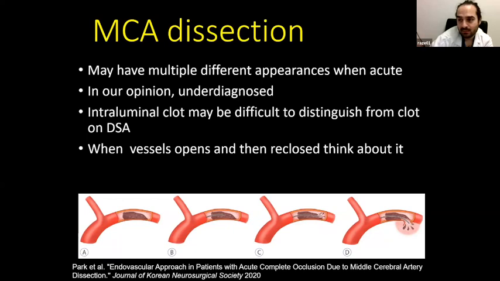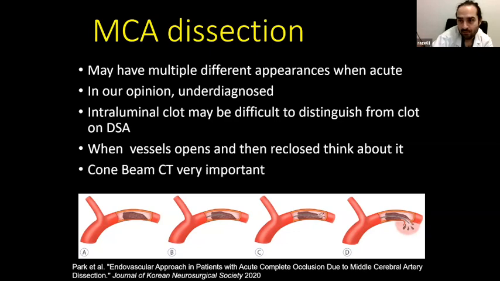Another problem is that sometimes when you reopen a vessel and you see a dissection, you're wondering if you're the one that caused the dissection by trying to reopen the vessel, while often the dissection could already have been underlying and the cause of the clot. Generally speaking, as interventionists, when the vessel opens and then recloses, this is something we have to think about.